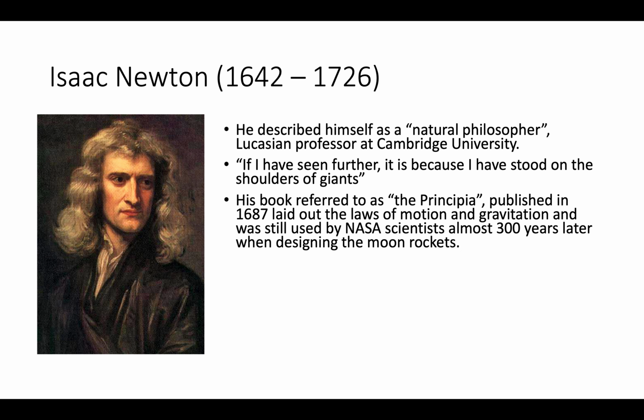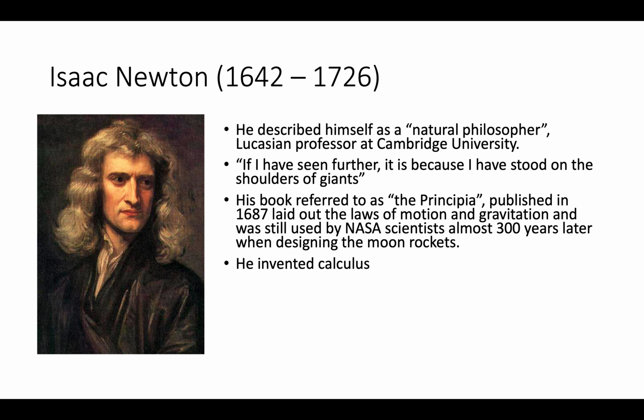So his work has been very influential. He worked on laws of motion and gravitation, published that in a book called the Principia, and almost 300 years after he published that book, NASA scientists used his ideas to calculate the amount of thrust the rocket would need, the directions of travel and all this kind of thing to get to the moon.